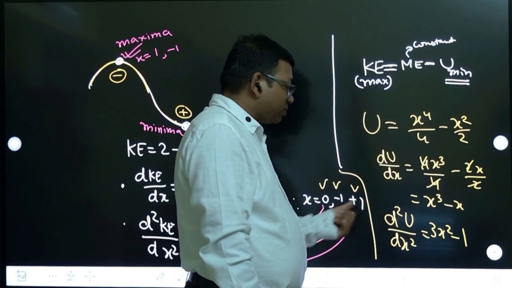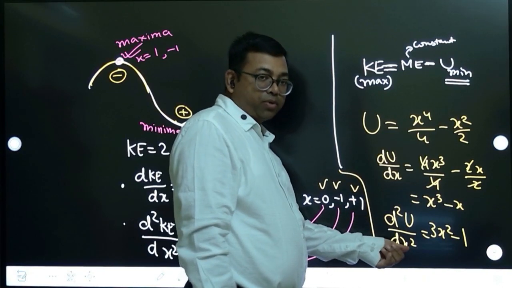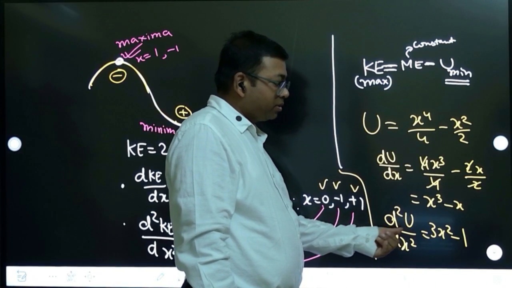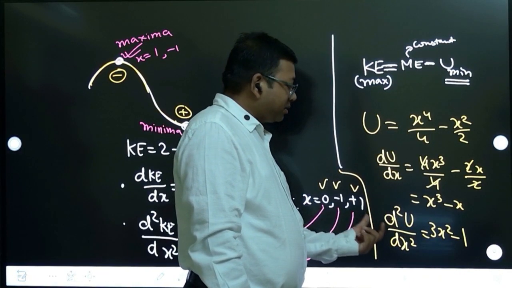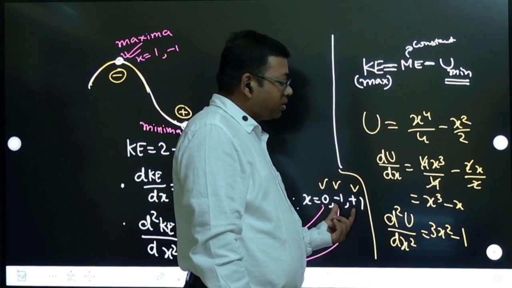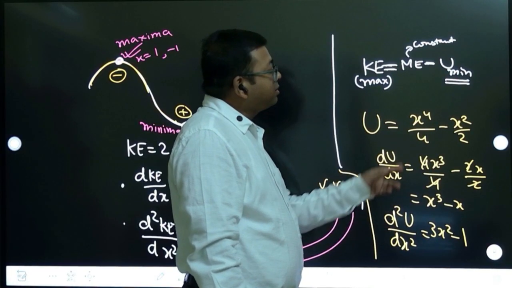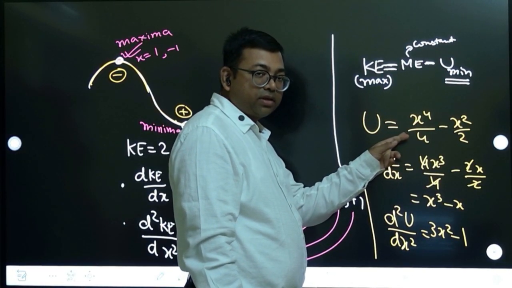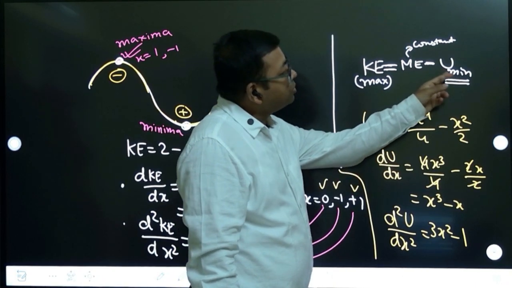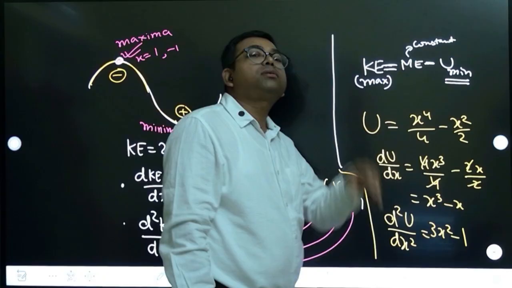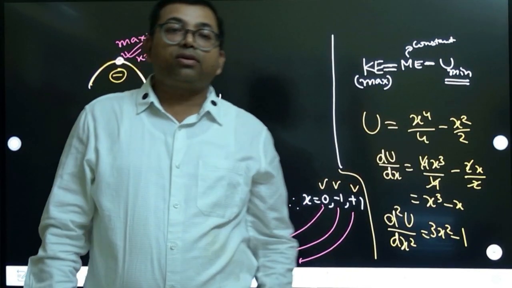If I put minus 1 or plus 1, then only I will get positive, because 3 minus 1 gives 2. So at either minus 1 or plus 1, I will get potential energy minimum. Then I can substitute here and calculate potential energy, and then substitute potential energy here to calculate maximum kinetic energy. Are you understanding this?